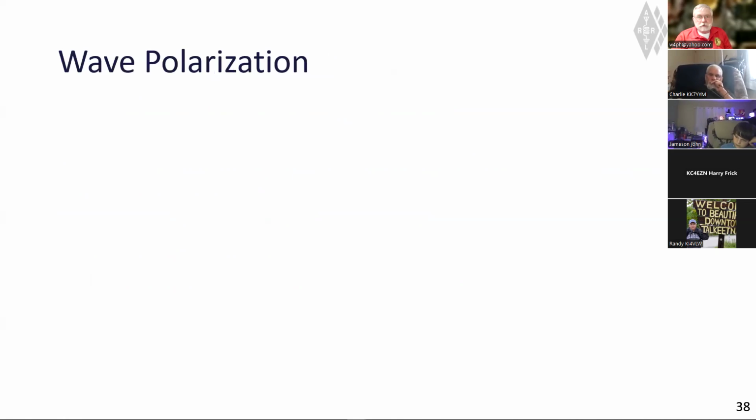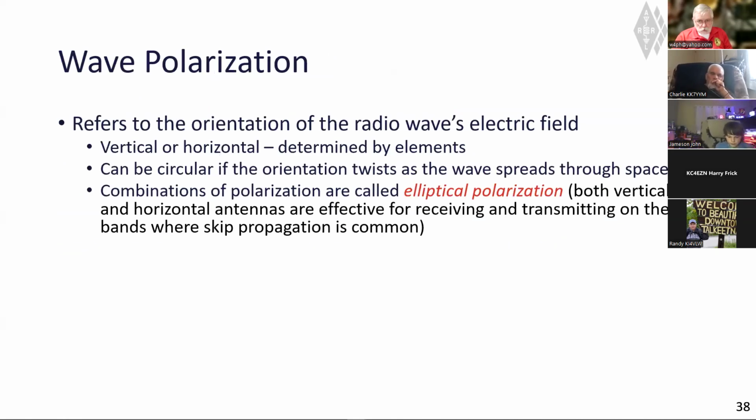Wave polarization refers to the orientation of the radio wave's electric field, vertical or horizontal, determined by elements, and can be circular if the orientation twists as the wave spreads through space. Combinations of polarizations are called elliptical polarization.